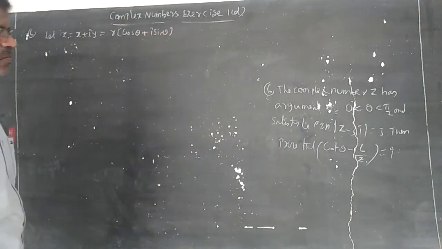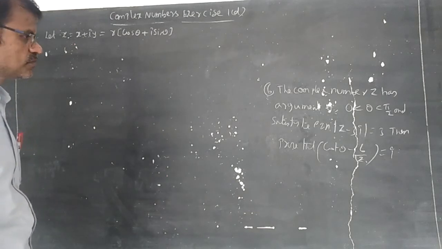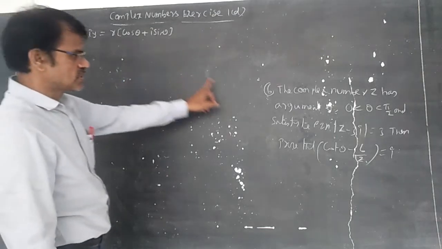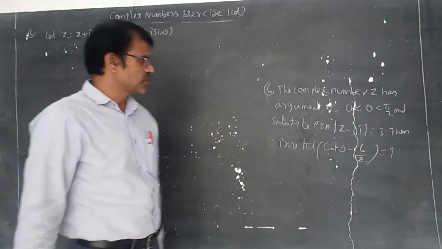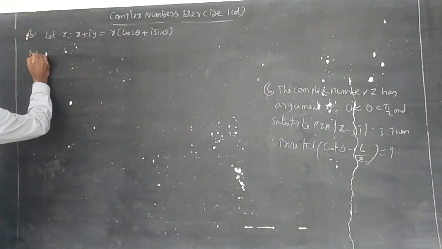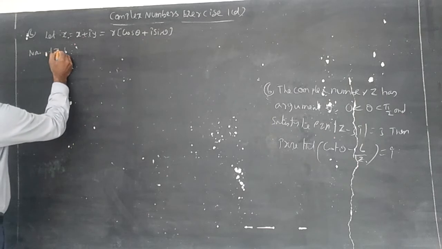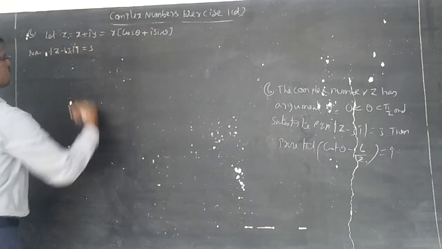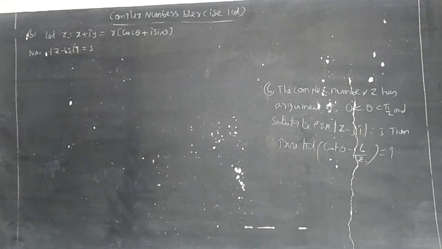Let us consider it satisfies the equation modulus of z minus 3i is equal to 3.